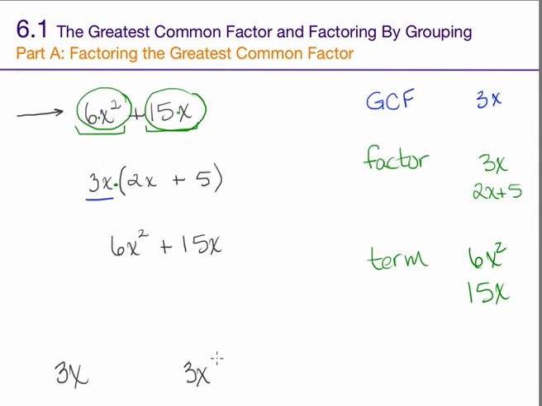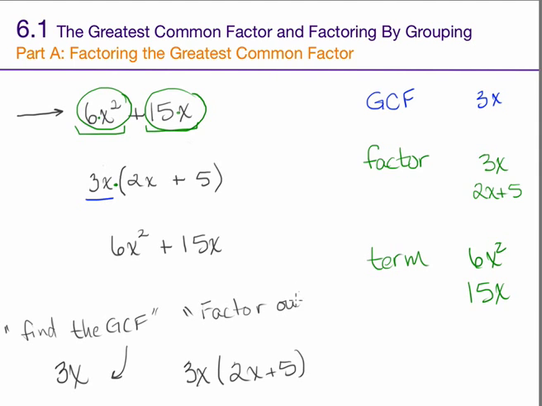It's rewriting it as the GCF times the other factor. So this would be the answer to find the greatest common factor, whereas this would be the answer to factor out the GCF, the greatest common factor. See the difference?